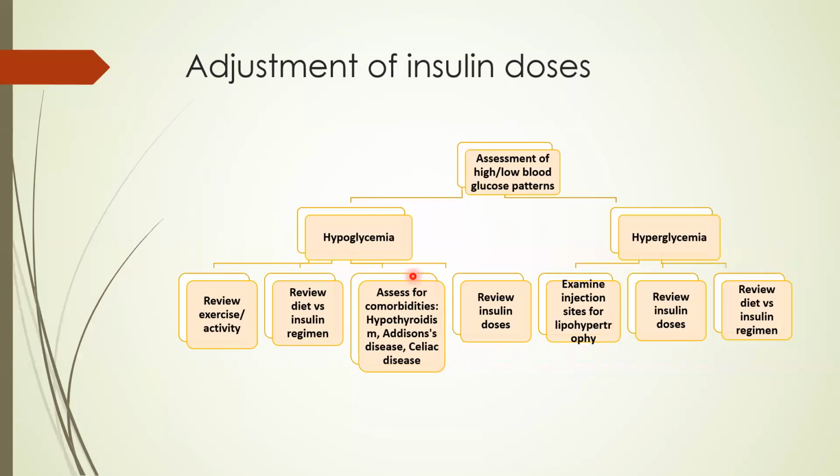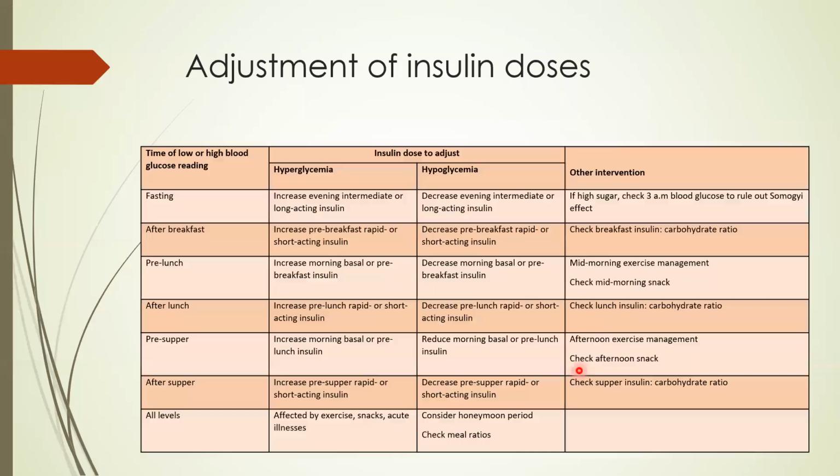Then after you have ruled that out, you may need to review the insulin doses. In case they have hyperglycemia, it's good to look at the injection sites for lipohypertrophy, because remember there's erratic absorption of insulin if there's lipohypertrophy. And then review the insulin doses. Also ask yourself, is there a balance between the food and the insulin that is being given?